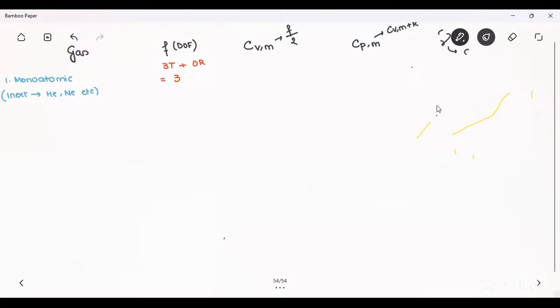So if F is 3, then CVM is 3R by 2. The formula is FR by 2. And CPM is 3R by 2 plus R, which is 5R by 2. And gamma is 5R by 2 divided by 3R by 2, which is 5 by 3.